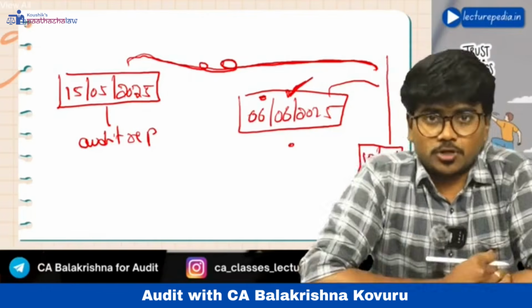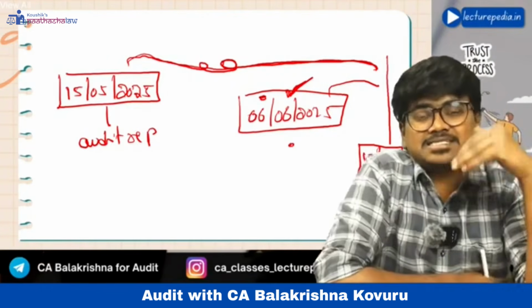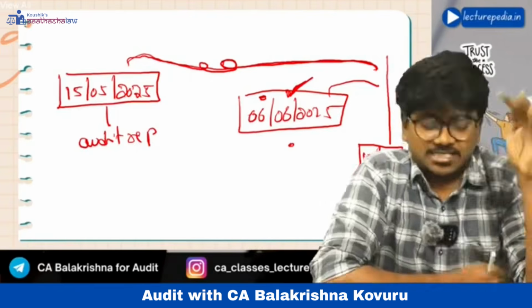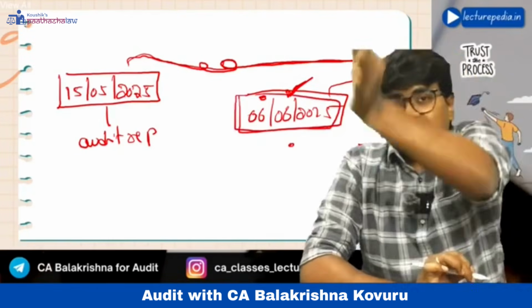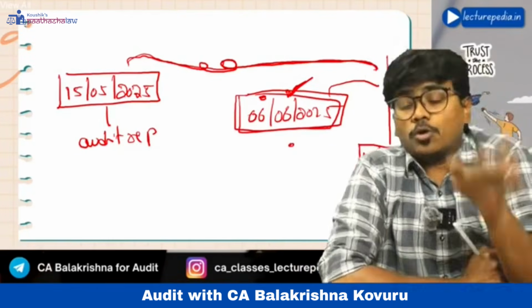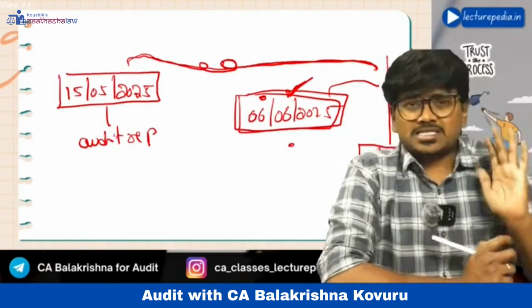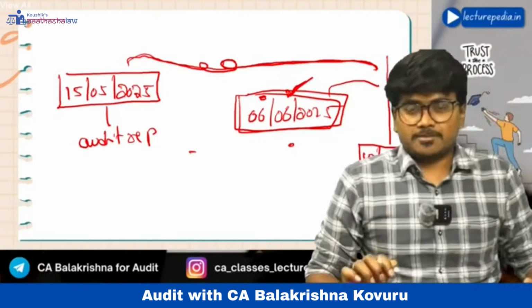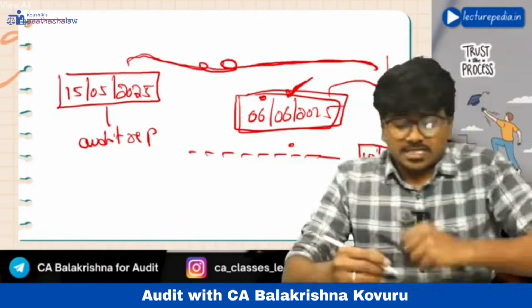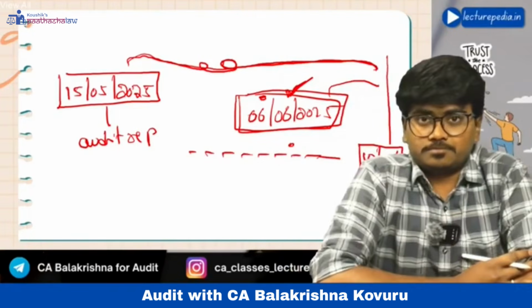Hope you understood this. If management can restrict amendment of financial statements only to this particular fact, then the auditor can also restrict his opinion only to that particular fact. He need not consider all the events that occurred between these two dates as subsequent events, because here you are providing an amended audit report.